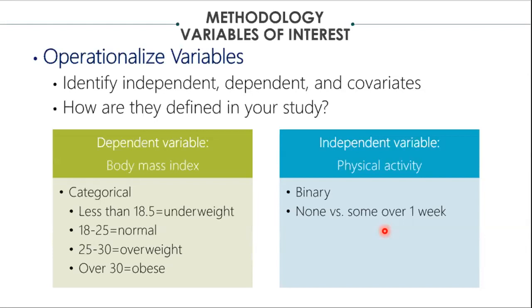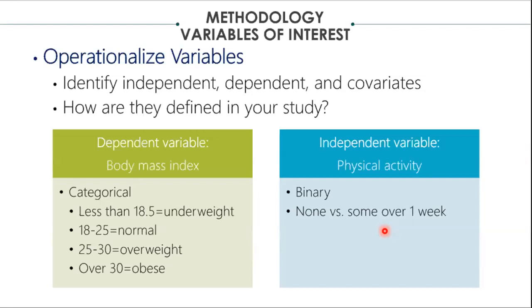But as you've all probably realized, as you conduct your literature searches, these variables can be defined in a million different ways. One researcher might use the patient health questionnaire to define depression. Another might define depression as whether or not they're taking medication for depression.